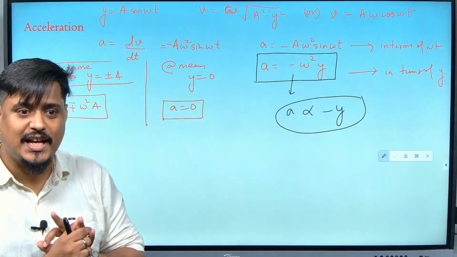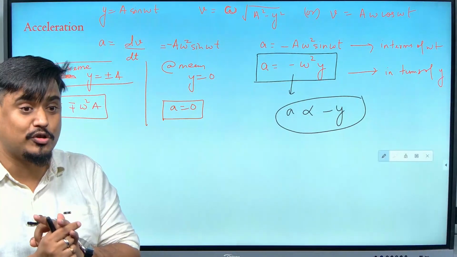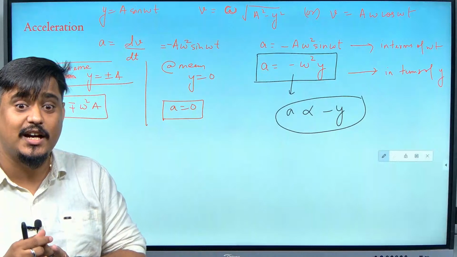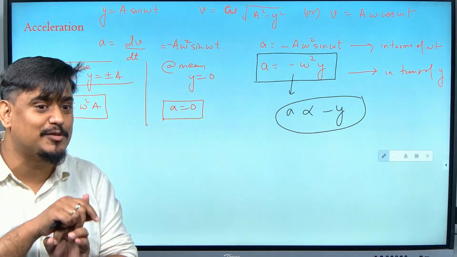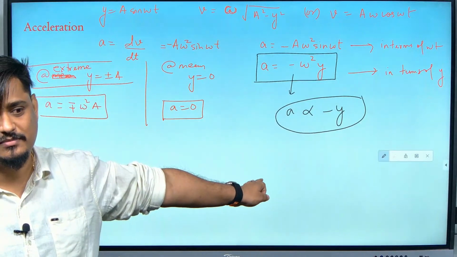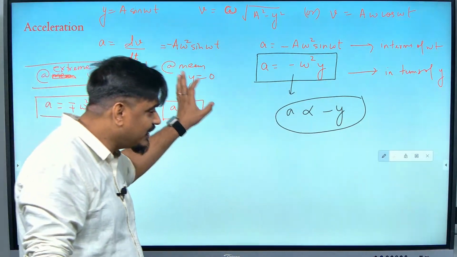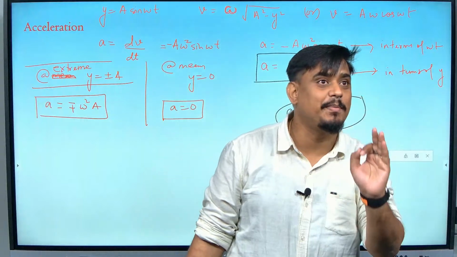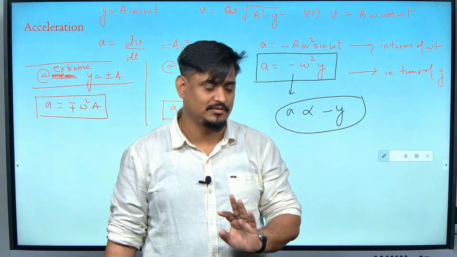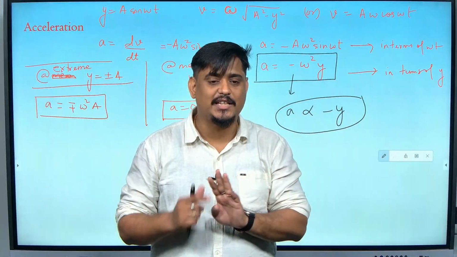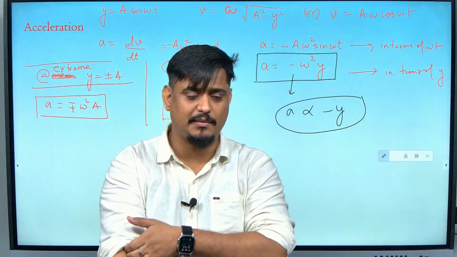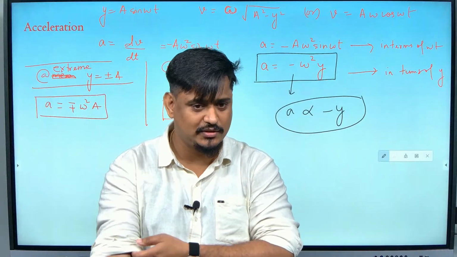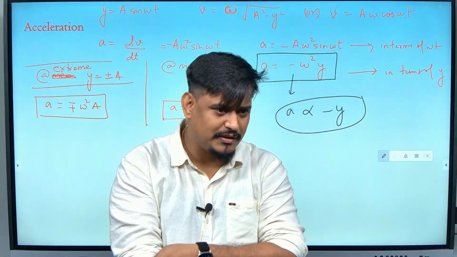Second, acceleration must be proportional to displacement, satisfied. Third, acceleration must have opposite direction to displacement, satisfied. It means what we are learning now is a simple harmonic motion, justified because it follows all three rules of SHM. Understood? I hope it is very clear to you.